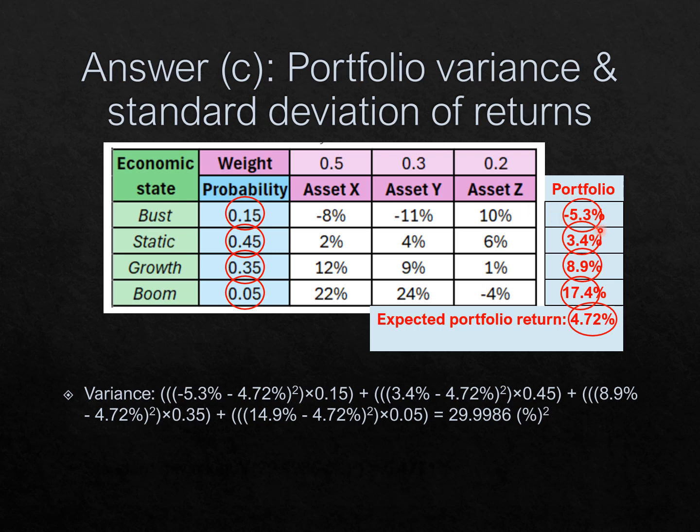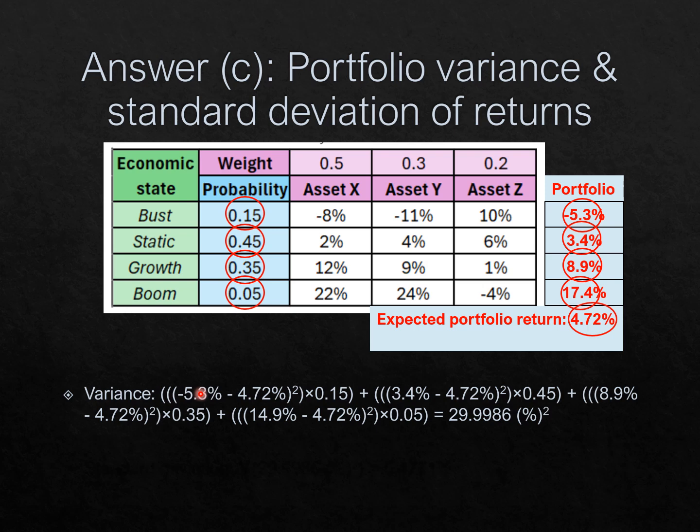Note this, here I have not changed any of the numbers. I have not converted them to decimal. I've just used negative 5.3 minus 4.72, and then I square that. I just ignore the percentage for the moment, because if it's a percentage you minus, it's still percentage. Then you square the percentage, it becomes percentage squared. So rather than changing it to decimal, because changing to decimal you will have to deal with decimal points.